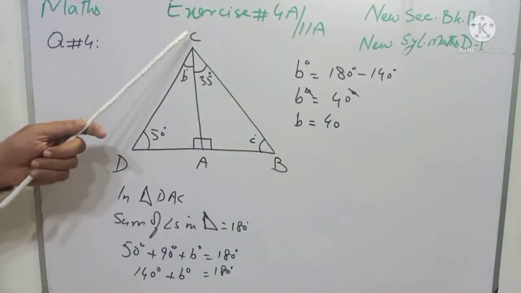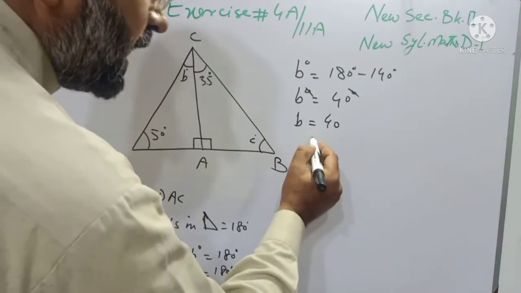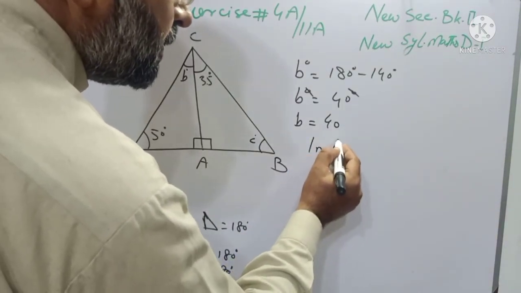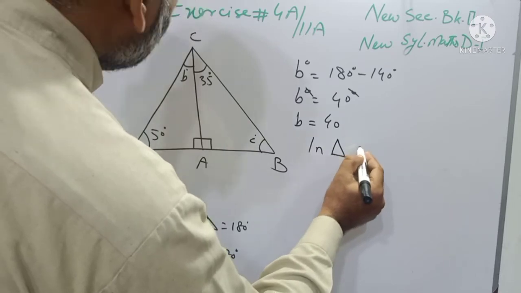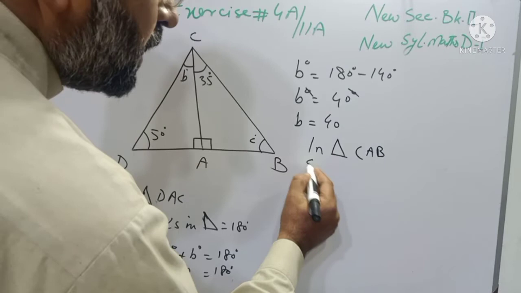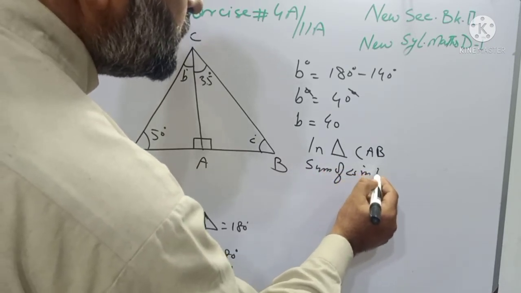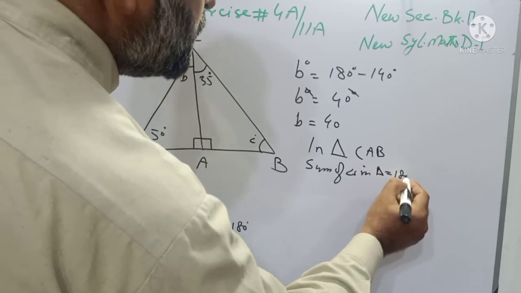Now students, we will discuss triangle CAB. In triangle CAB, again we will apply the same formula: sum of angles in a triangle is equal to 180 degree.